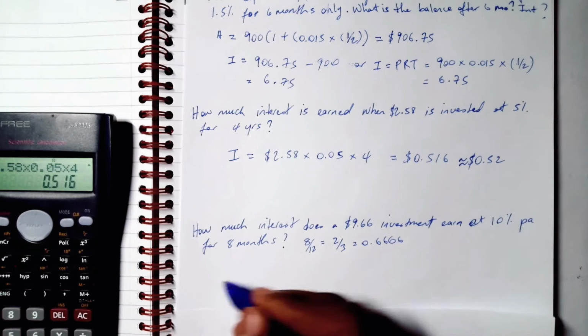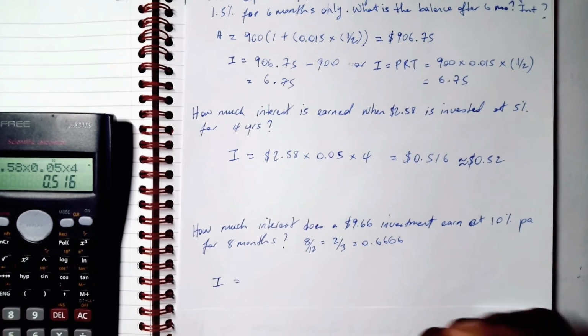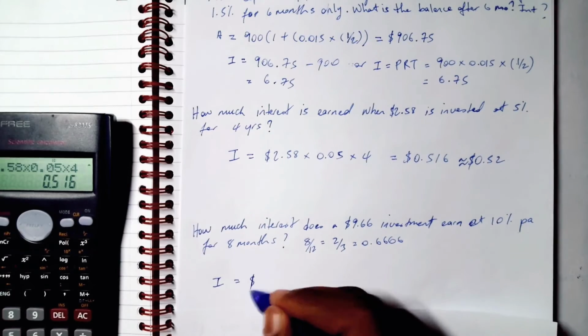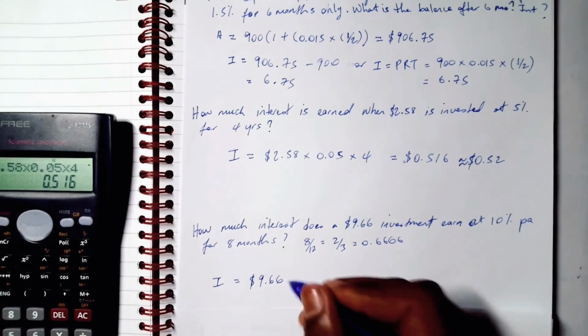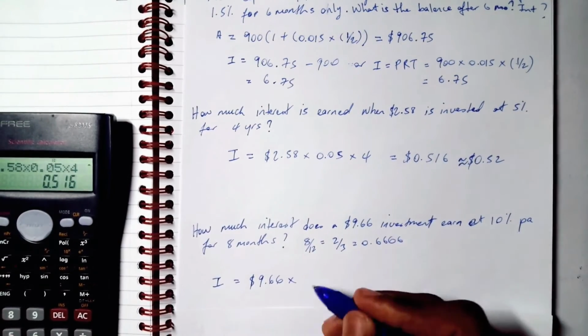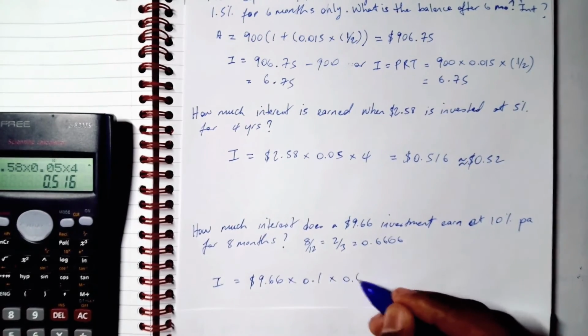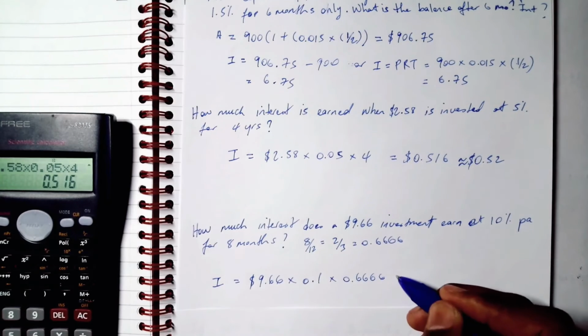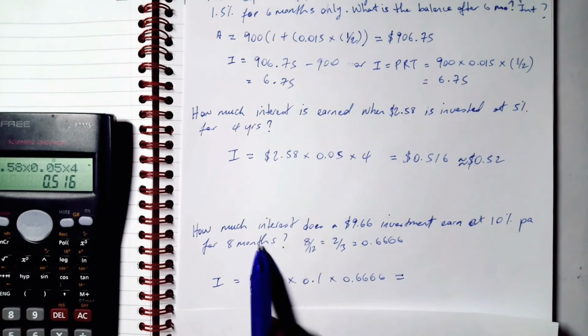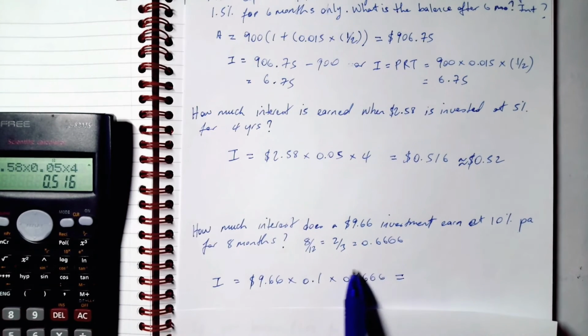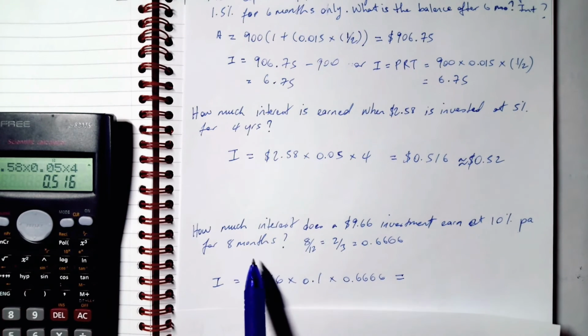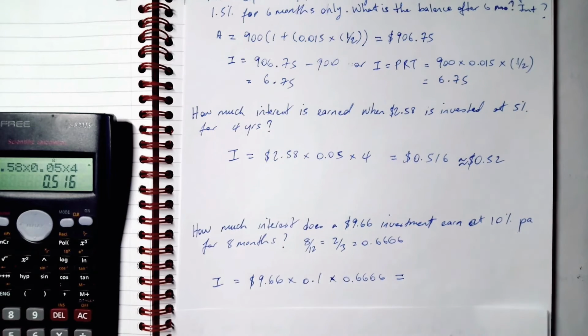Now to calculate the interest only, I is equal to the principal, which is 9.66, multiplied by the interest rate divided by 100, multiplied by 0.666, which is our 8 months represented as years. So this is 2/3 of a year. Great.